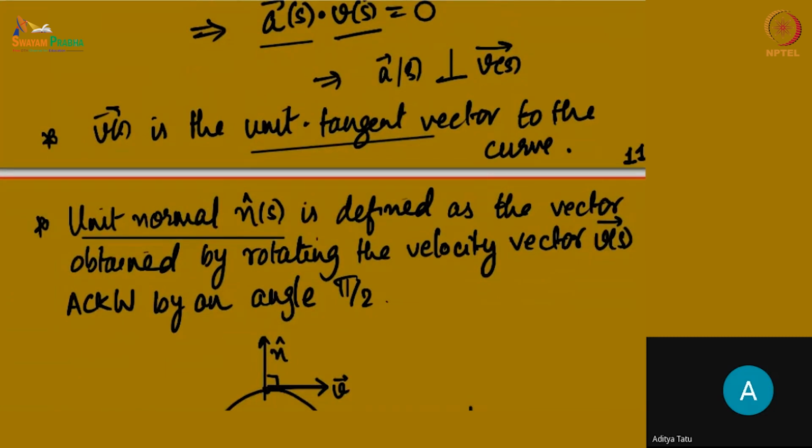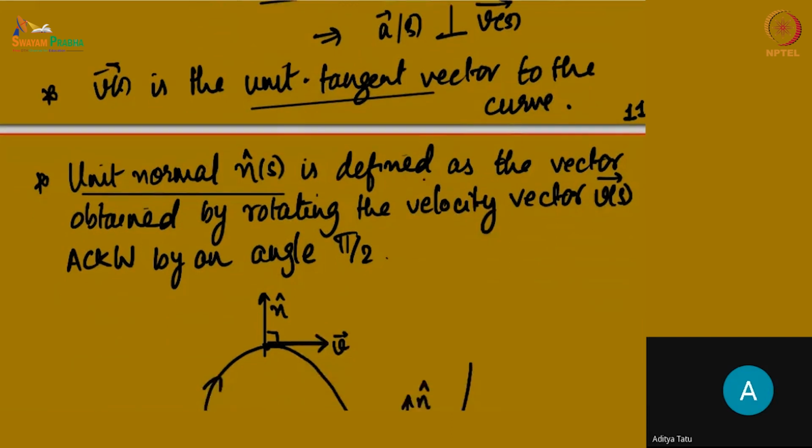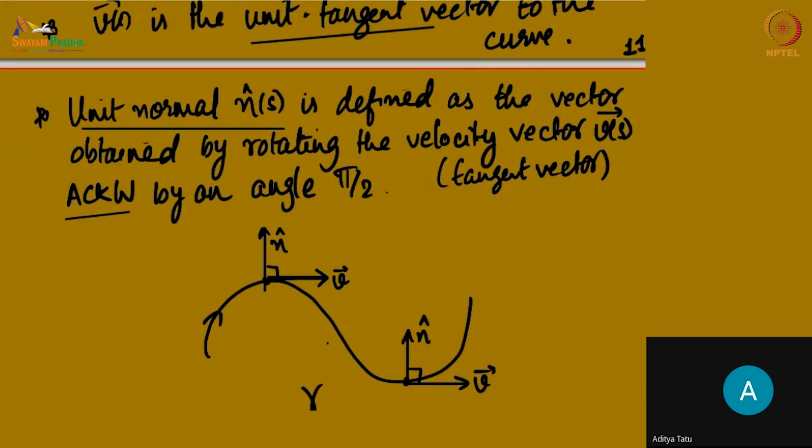Okay, so we define the unit normal as the vector obtained by rotating the velocity vector or the tangent vector anti-clockwise by an angle 90 degrees or an angle pi by 2. Okay, so for the same curve at this point, if this is my tangent, rotate it by an angle pi by 2 in an anti-clockwise direction.